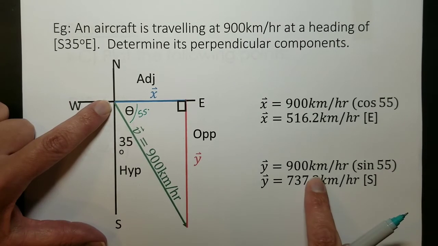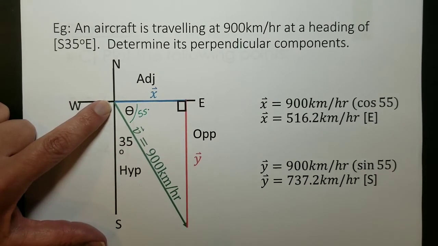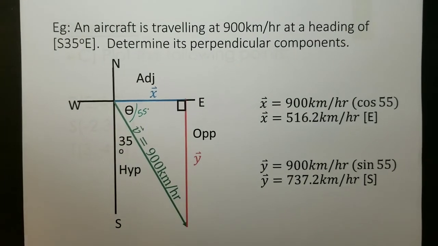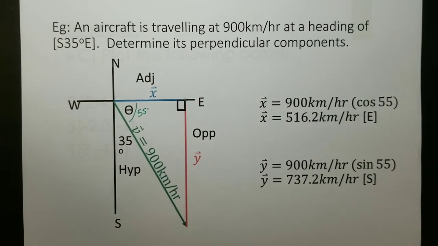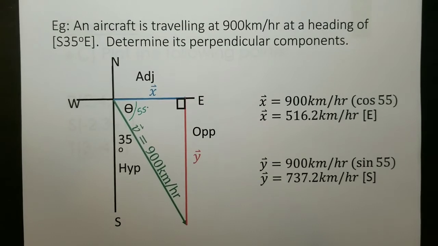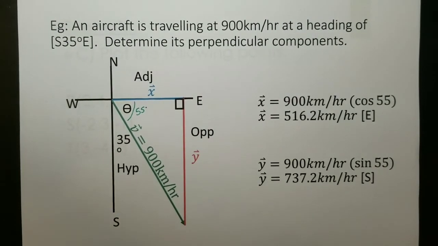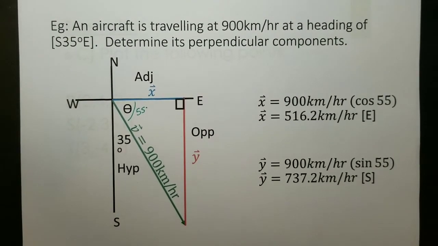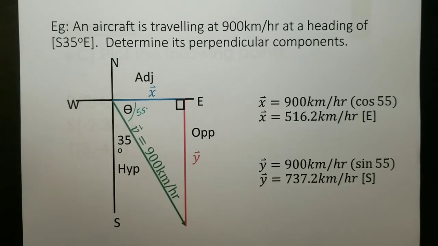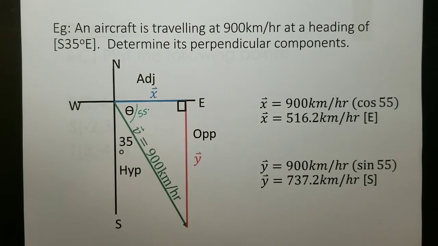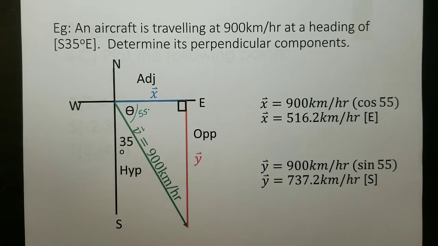So sine 55 times 900 gives us 737.2 south. So we can break this up, and sometimes it is really important to know how much of a quantity is moving in the X or Y, whether that means horizontal, vertical, north or east, all of those different kinds of directions, and breaking those up into smaller components.